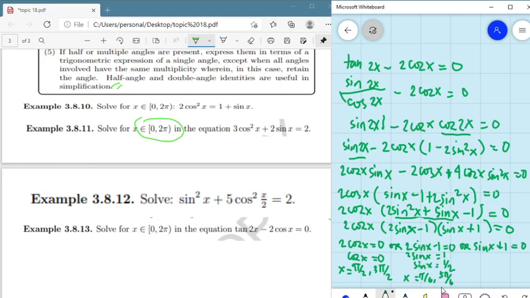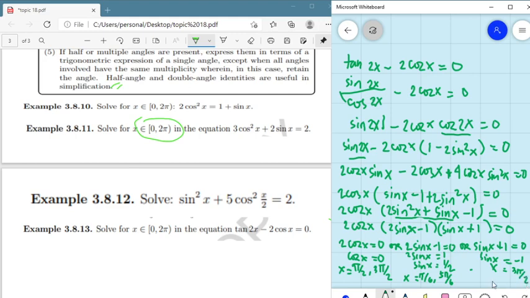Okay, it is positive in quadrant 2, right? This 5 pi over 6. Then here, sine x equals negative 1. So where is it negative 1? Sine x, what is the value of x? x equals 3 pi over 2.